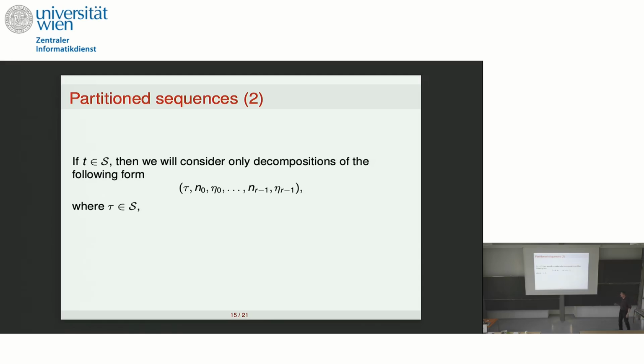Suppose that tau is a finite sequence of integers. So here we have tau. And then we will consider only the decompositions of the following form. We start with some sequence tau, then there will be an integer, so a sequence of length 1, and there will be another sequence, and so on.